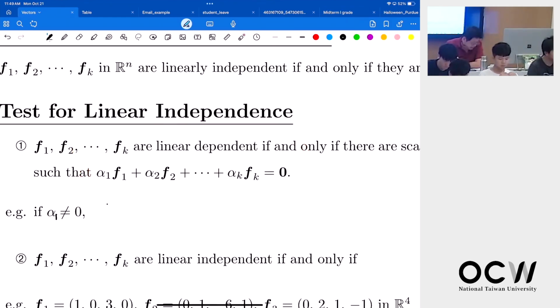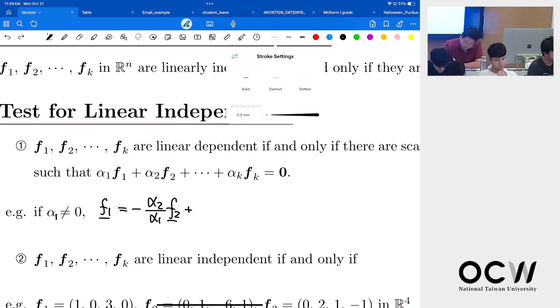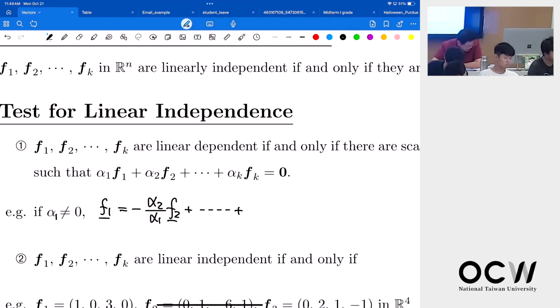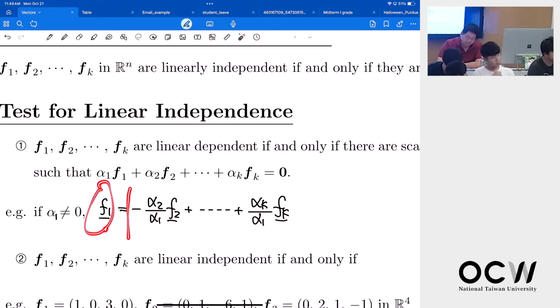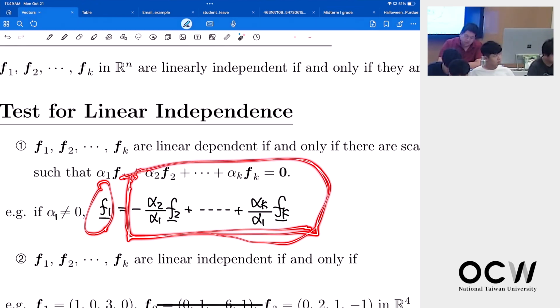Then I can have f1, this vector, be minus alpha 2 over alpha 1 f2, and so on, and here alpha k divided by alpha 1. You see, one vector is a linear combination of the rest of the vectors. Then this is not linearly independent.